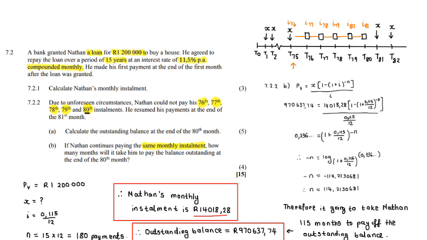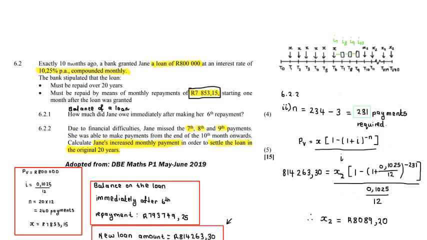With Nathan's case, we were asked to calculate how long it is going to take him to pay off the outstanding balance if he still wants to keep his monthly installments constant, paying exactly what he was paying before. Contrast that with Jane's case, where Jane wanted to keep the time period constant. She said, no, I still want to finish this within 20 years.